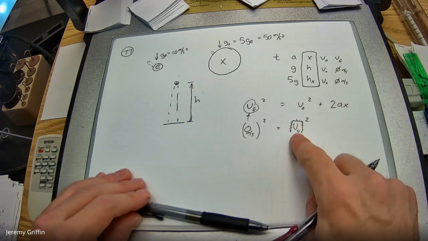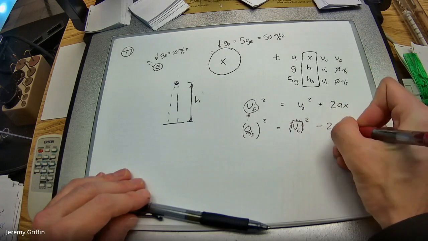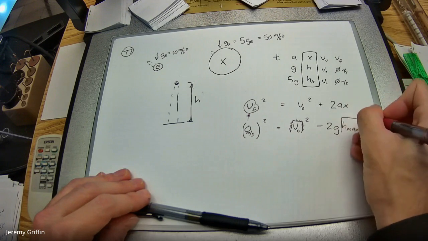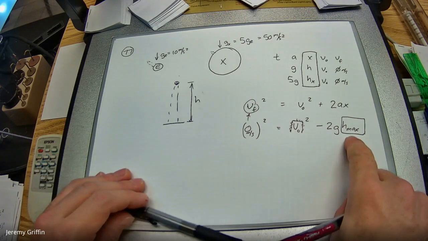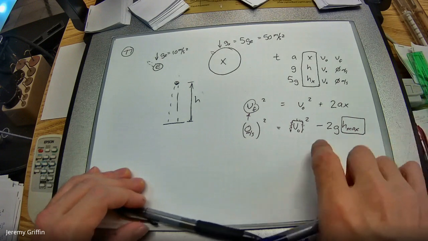Now, here's where I'm going to modify this a bit. If I throw it upwards and I call it up positive, then isn't gravity pulling down? So I should say minus 2g h max. Here's what we're actually honing in on, that h max. So 2 algebra steps.